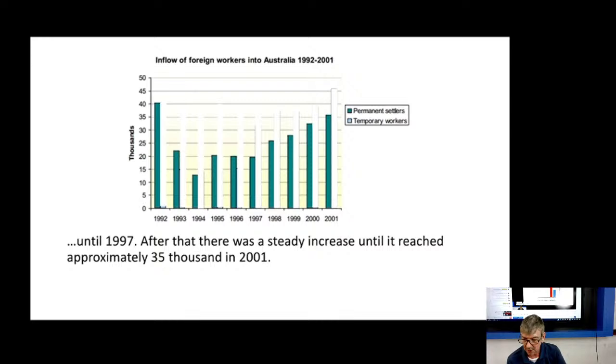Okay, also you need to remember the two different ways of explaining how it changes. So if we're just looking at the green here, and we're talking about this part, then you can see that there was a steady increase.